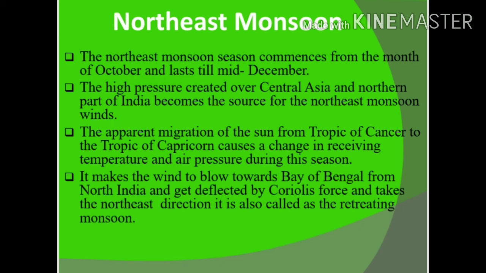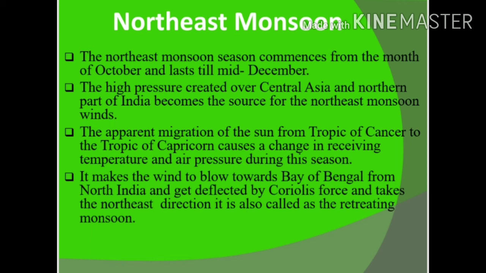The apparent migration of the sun from the Tropic of Cancer to the Tropic of Capricorn causes a change in temperature and air pressure during this season. There is an inverse relation between temperature and pressure. If temperature increases, pressure decreases; in the same way, if temperature decreases, pressure increases. That's the reason for this northeast monsoon.